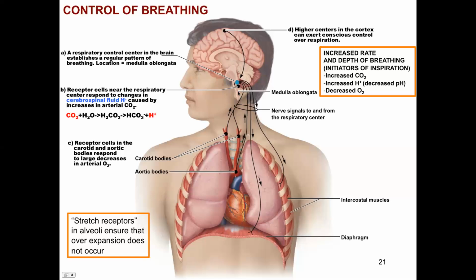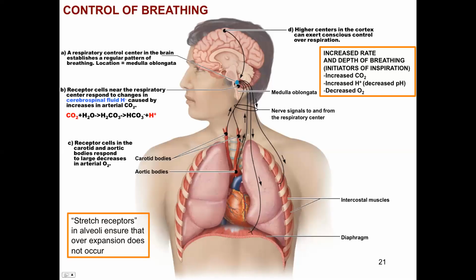Now, the other thing that we have, of course, are receptors, and we have them again in the carotid artery and in the aorta. So carotid going to the brain and aorta going to the body, respond as well to decreases in oxygen concentration in the blood, okay, which of course would make sense, right? So not only do we have pressure receptors here for blood pressure, but we also have receptors that sense decreases in the concentration of oxygen.